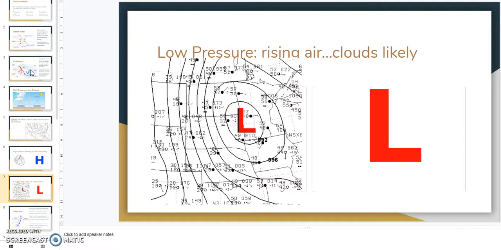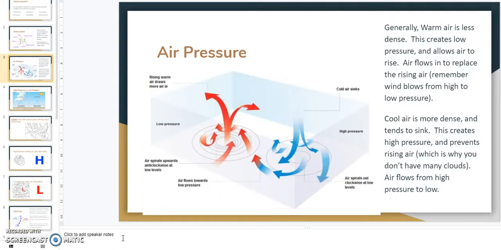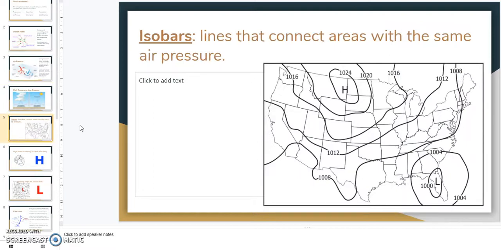Even if it's just a reminder that warm air rises and cooler air sinks, or that if you're between isobars, you can estimate your air pressure because you can look at the 2 isobar lines that you're sitting between, something like that. Then join me for the next set of slides, which is going to be about frontal boundaries.